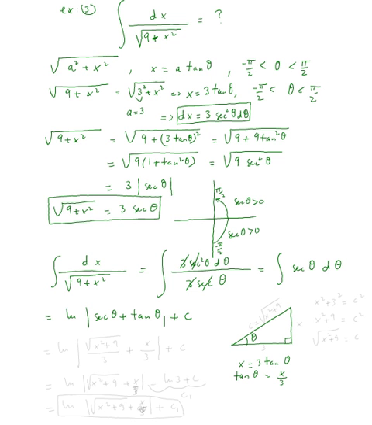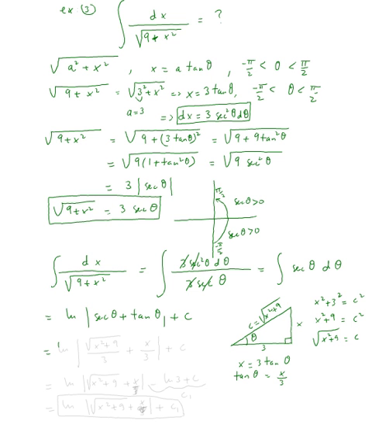So let's assume this is theta, so the opposite side will be x and the adjacent side will be 3, and let's call the hypotenuse c. Using the Pythagorean theorem, x squared plus 3 squared is equal to c squared. So c squared is equal to x squared plus 9, so c is equal to square root of x squared plus 9.